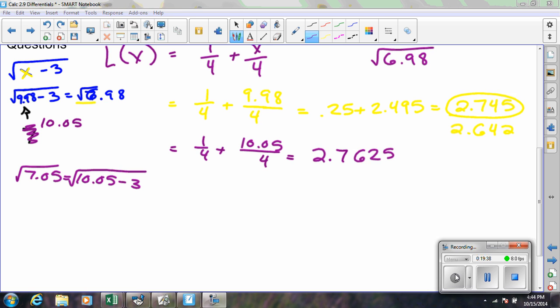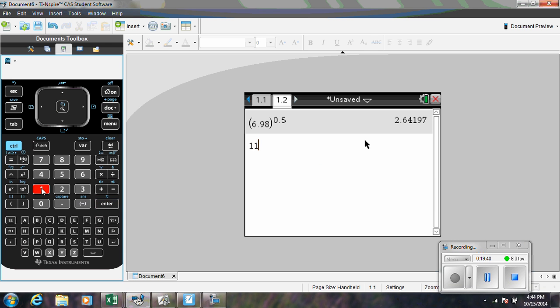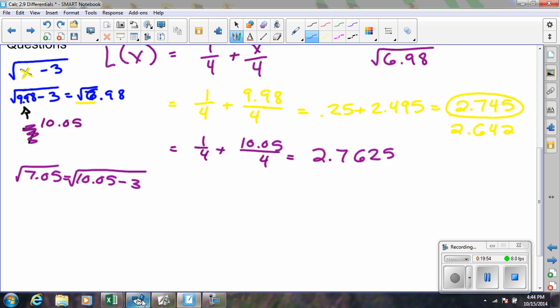And if we go use our calculator, 10.05 to the 1/2 power is actually 3.17. You can see we were right on that edge where we're starting to get farther off.